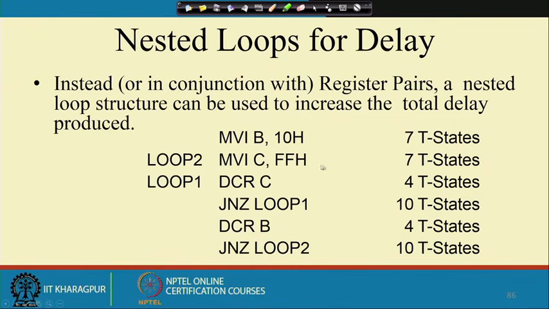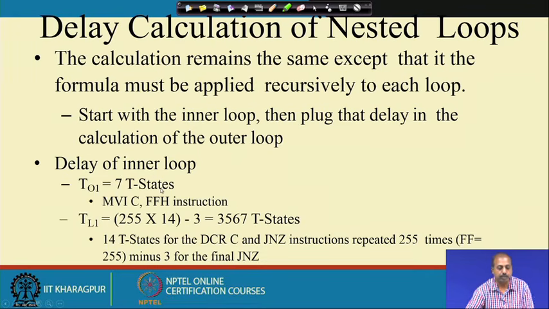So, we start with the inner loop, calculate the time needed there and then put it into the body of the outer loop. For the initialization, the MVI C comma FFH instruction requires 7 T states. This is the delay for the inner loop.